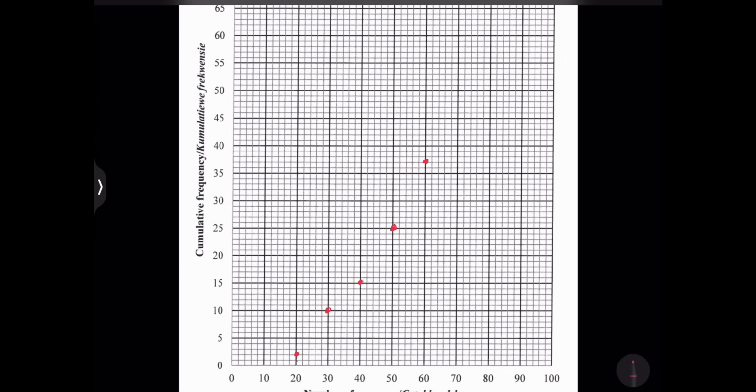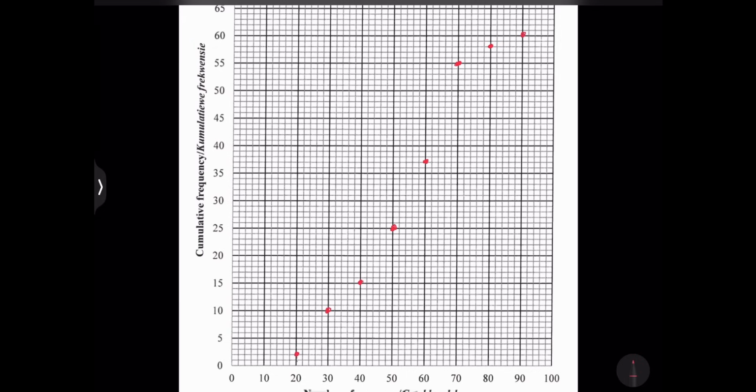There's our value there. And then at 70, we've got 55. And at 80, we've got 58. And of course, at 90, which is the last one, we've got 60.